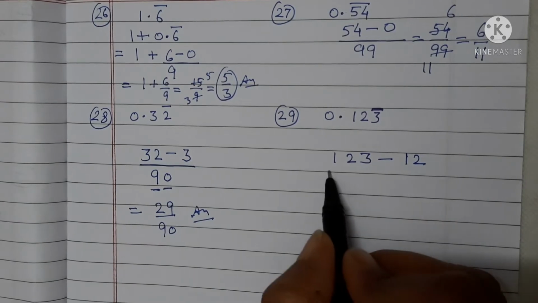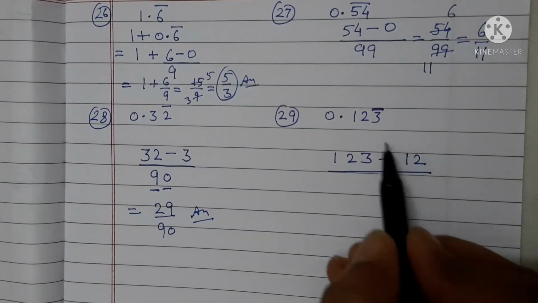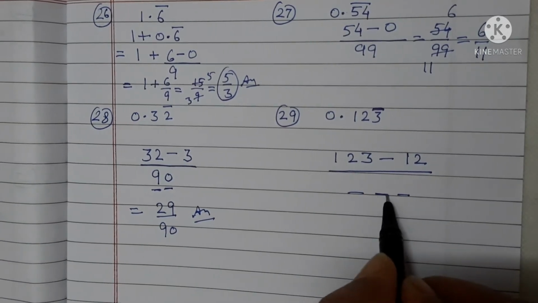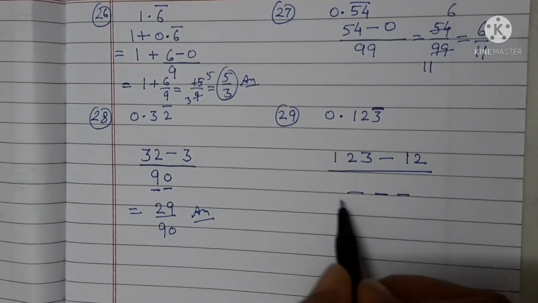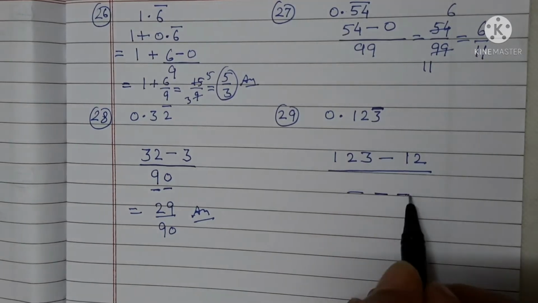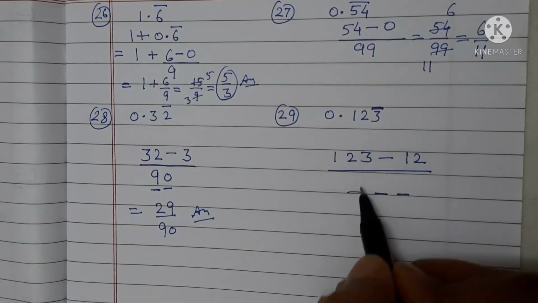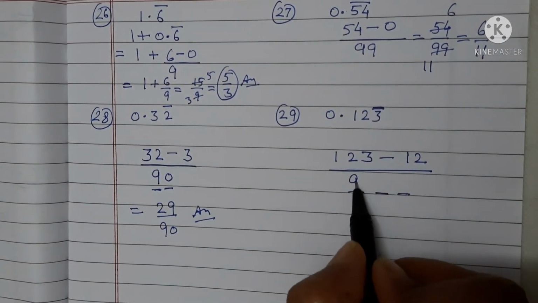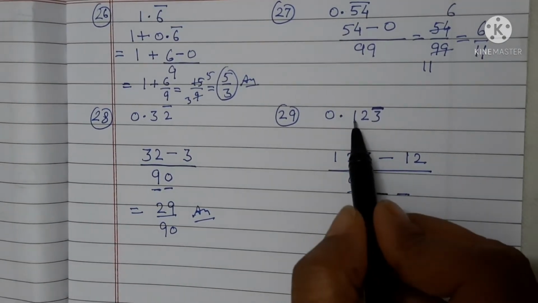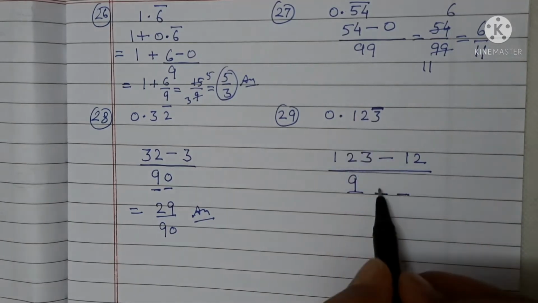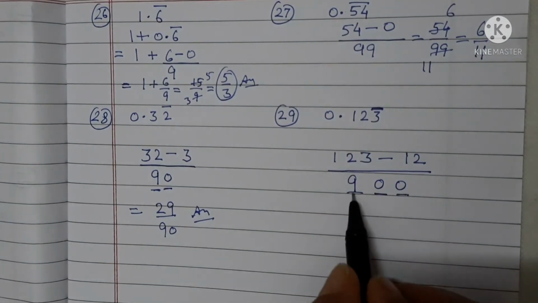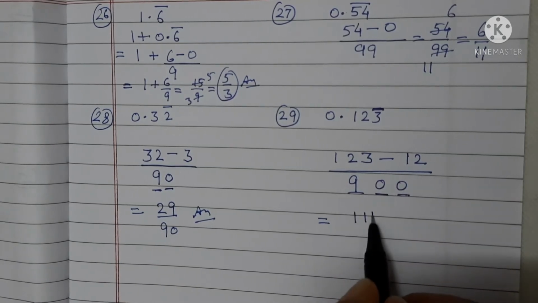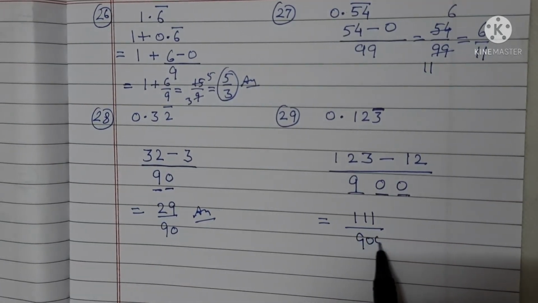In the denominator, here 3 digits, so first mark 3 places so that no mistake happens. How many times will you write 9? Because a single digit has a bar, only one time you write 9, and 2 digits have no bar, so put 2 zeros. So this will be 900. Now solve it. Subtract, you will get 111 upon 900.